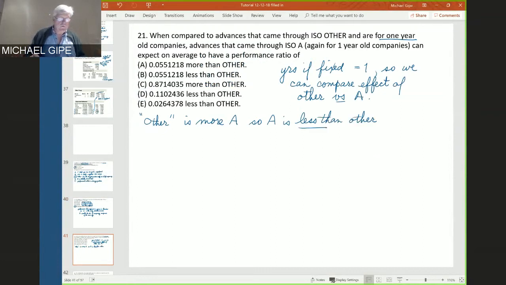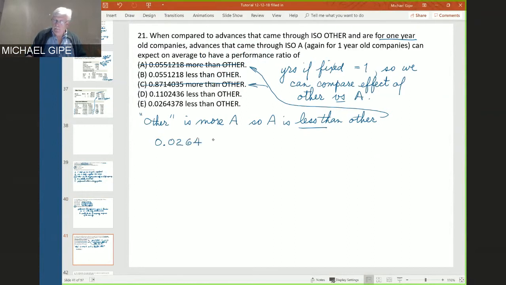So we can cross out two of these. And now we only have 3 to consider. Let's look at the difference and see what the value should be, the difference in performance.